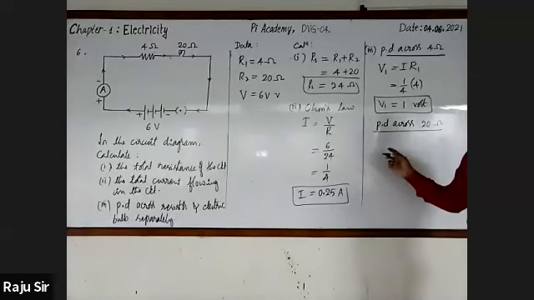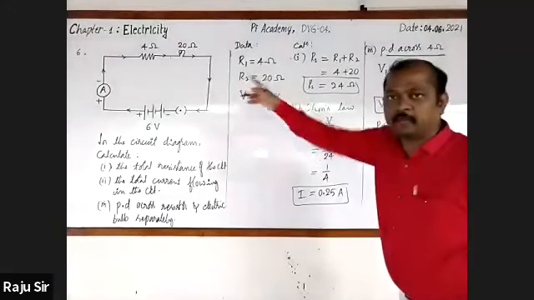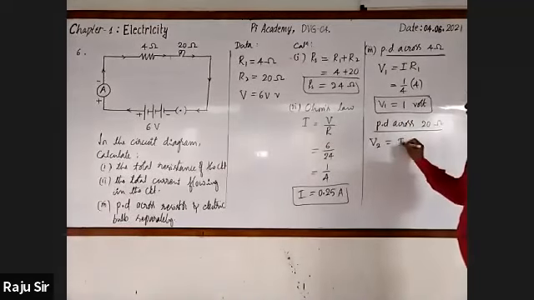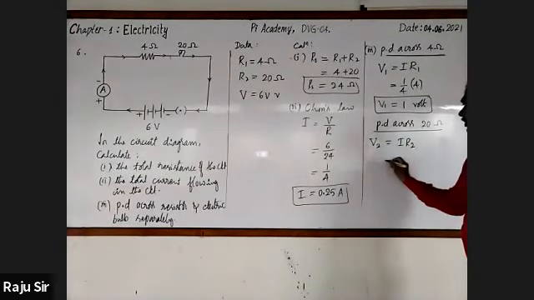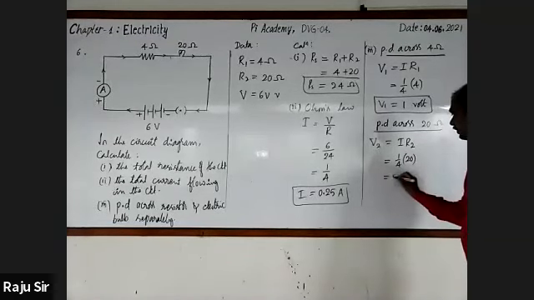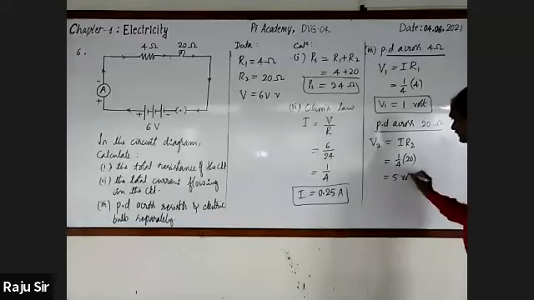There are 2 ways. I'll show you both. V2, that is the voltage across the electric bulb. This is equal to I into R2, where I is 1 by 4 and R2 is 20. This is equal to 5 volts.